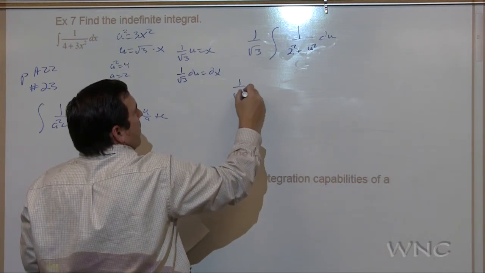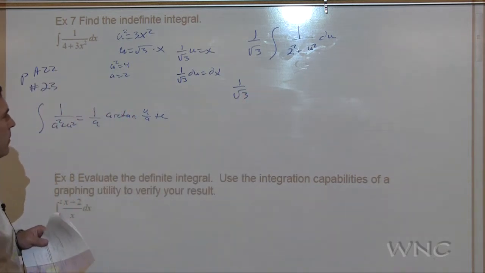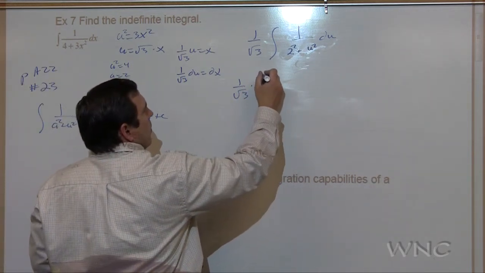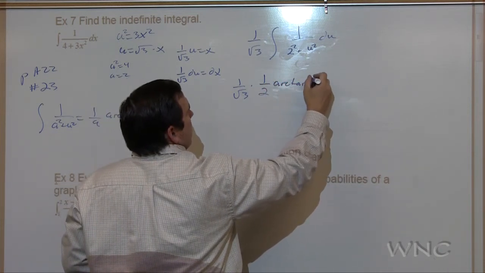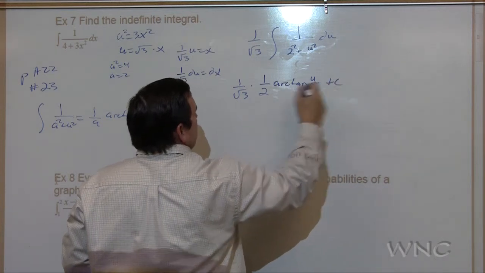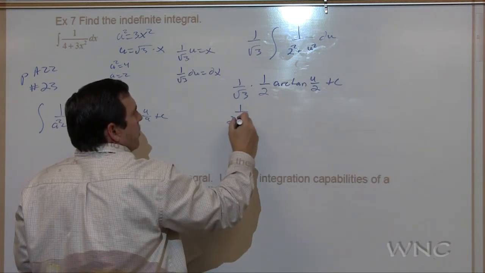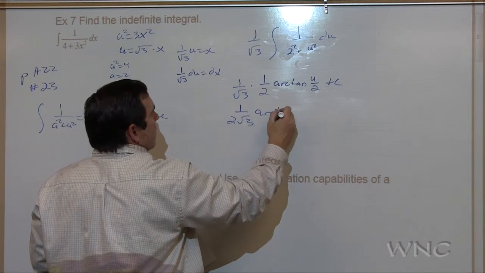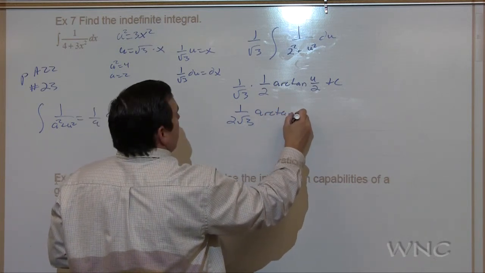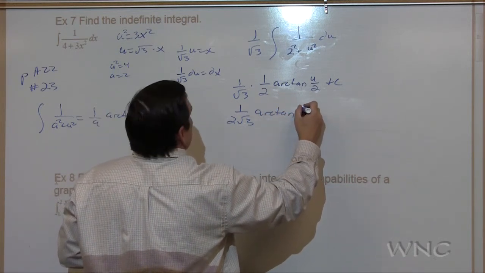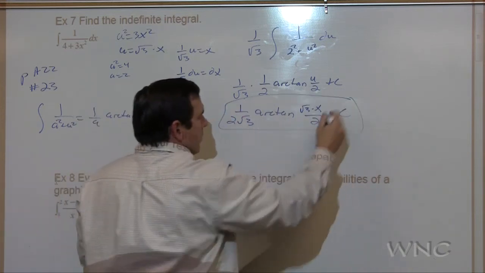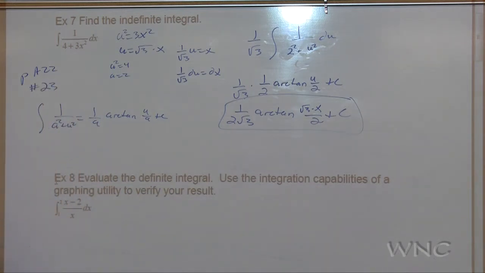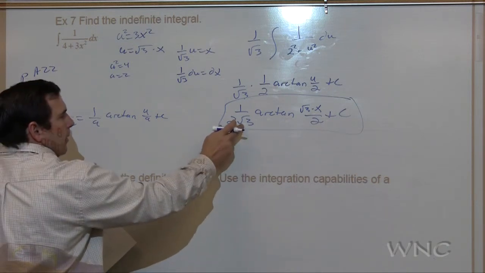So it's 1 over the square root of 3 times 1 over 2 arctangent of u over 2 plus c. So it's 1 over (2 times the square root of 3) arctangent of, what's u? u is square root of 3 times x, over 2 plus c. And if you want to rationalize the denominator here, you can.